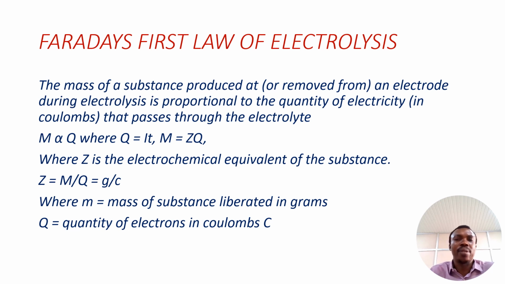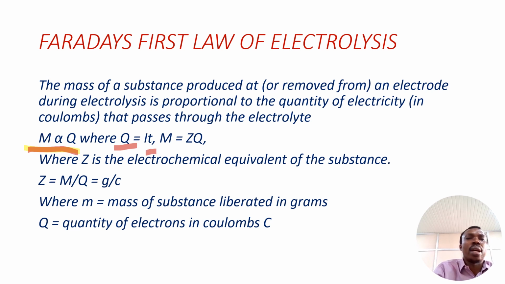It can be the mass or it can be the volume. If it's a gas, you have to measure the volume, in direct proportion to the quantity of electricity that is passed through. So mathematically, M is directly proportional to Q, where M is the mass and Q is the quantity of charge, which is current times time.